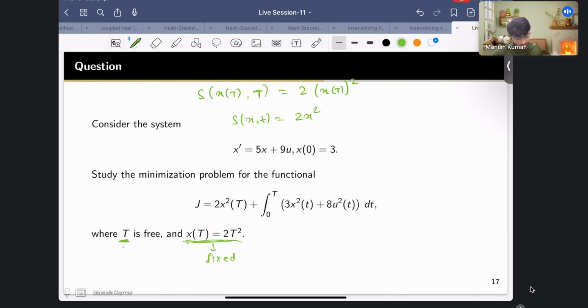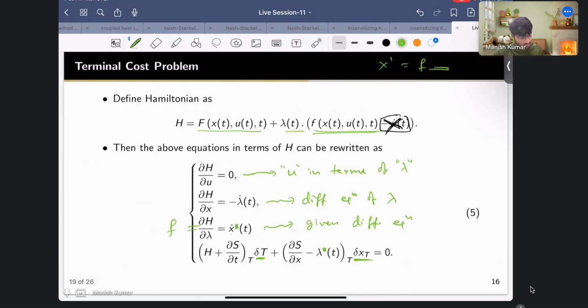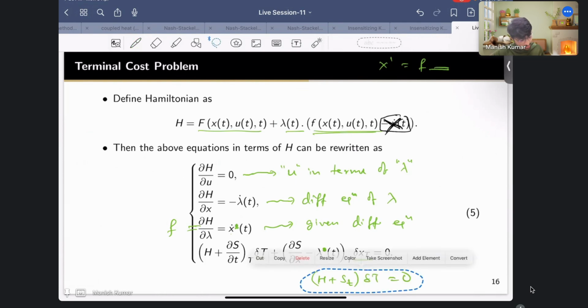So this would mean that this delta t, the change in time, is non-zero. I'm saying here that delta of xt should be equal to 0. So if I put it in this equation, what I get is h plus st times delta t equal to 0, because delta x is 0, delta xt.